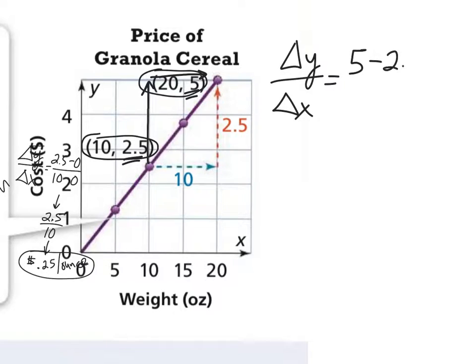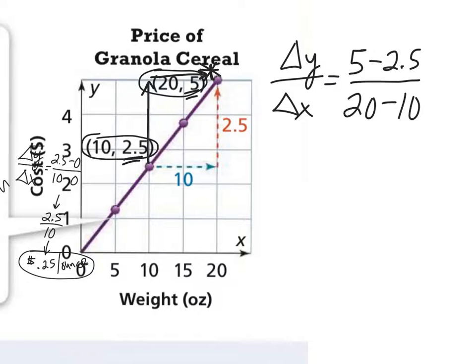So if you do 5 minus 2.5, that tells us how much our y's change by. And this we'll have to watch as we go through these problems. I started with the 5 for the y value, which means I need to start from the same point. So since I started with this y value, for the change in x, I need to start with this x value. So the change in x, we're going from 10 to 20.